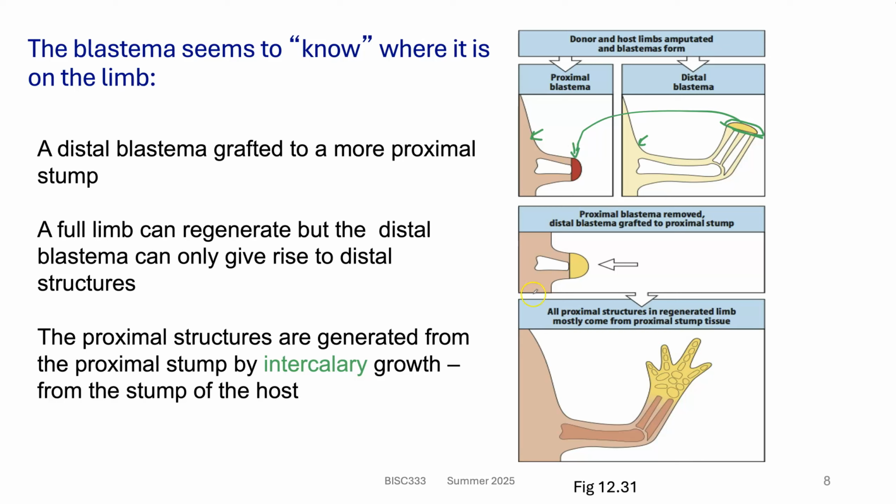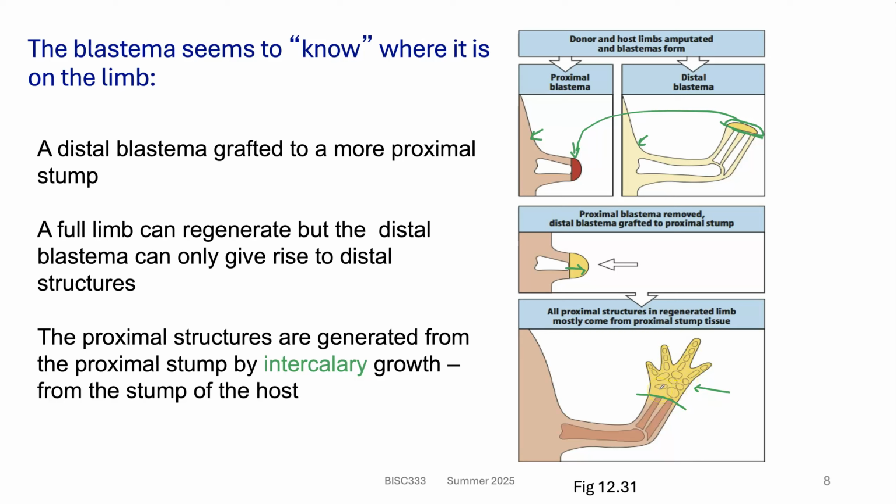Okay, so in this case, after the proximal blastema forms here, it's removed, and then the distal blastema is grafted in its place, right, on the stump. What's interesting about this process is that you will get outgrowth, and you will get the development of the correct structures. The limb reforms properly and everything is fine. But when you look at the pigmentation of the cells, the only cells that actually came from the distal blastema form the wrist and the hand and finger bones here.